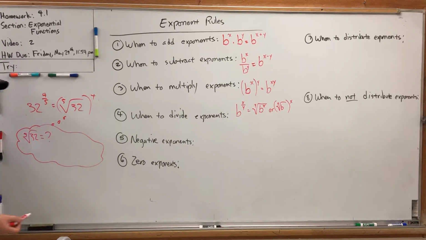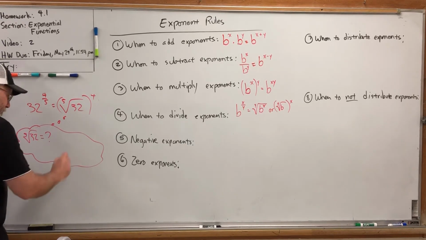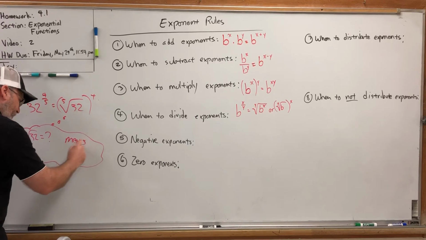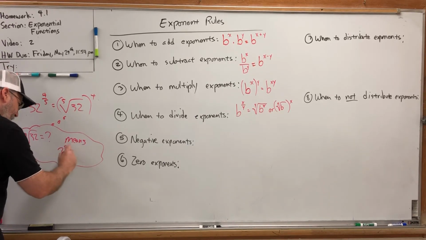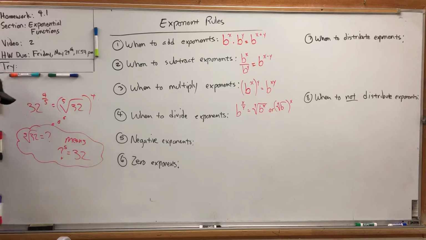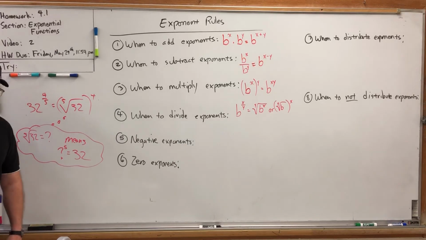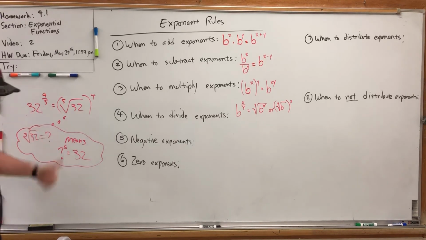What does it mean to take the 5th root of 32? Well, that means you're looking for a number raised to the 5th power to give 32. So it's like square roots, but you check it with a different power, a power that matches the index. By the way, the 5th root of 32 is 2, and the answer to this is 16.